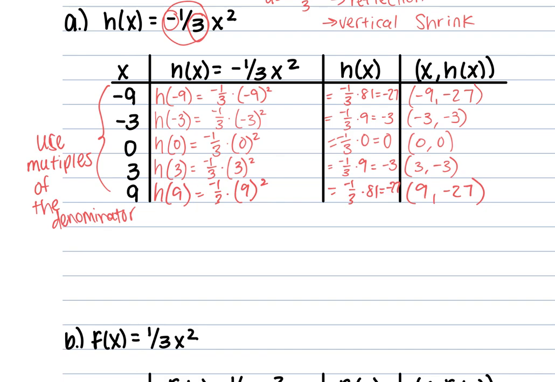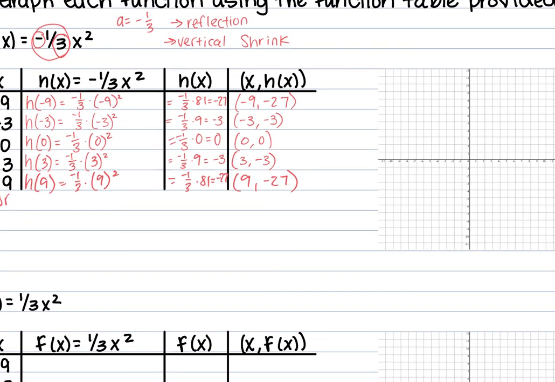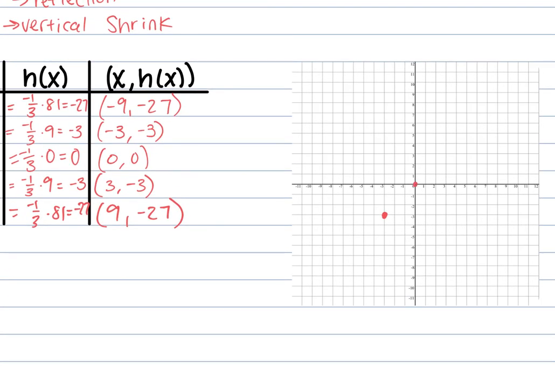The negative 27s, right? Shayla, graph the other 3. Good. What kind of shape is it going to be?